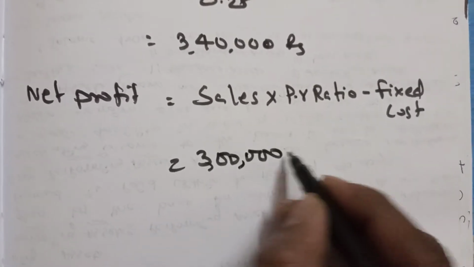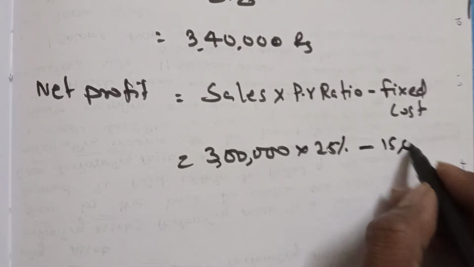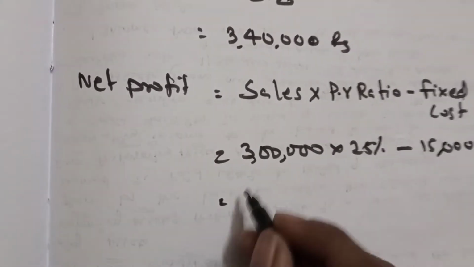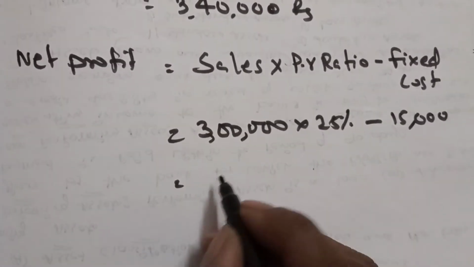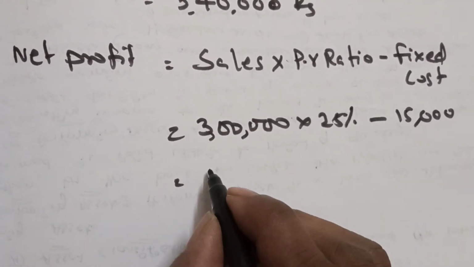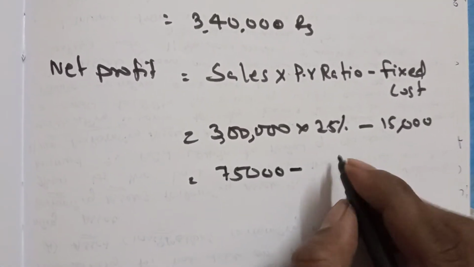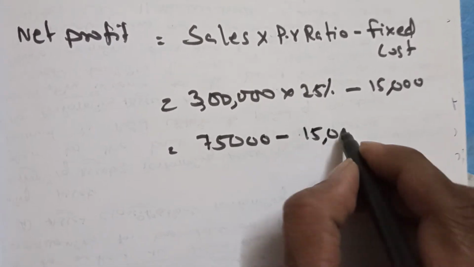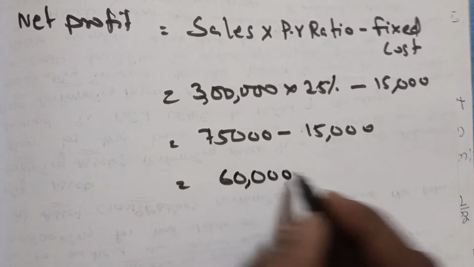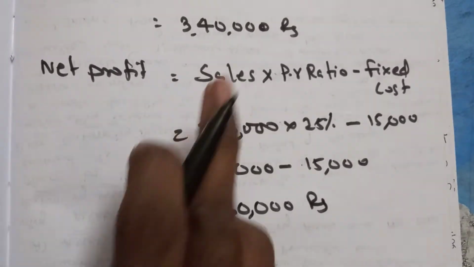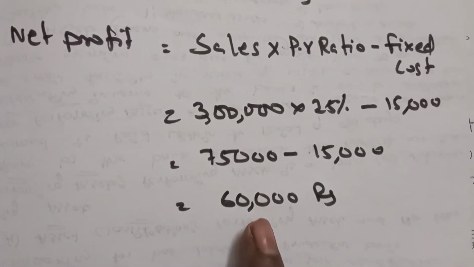So 3 lakhs into 25% minus fixed cost of 15,000. 3 lakh into 25% gives 75,000, minus 15,000, is 60,000 rupees. So if we sell goods of rupees 3 lakhs, we will get a profit of rupees 60,000.